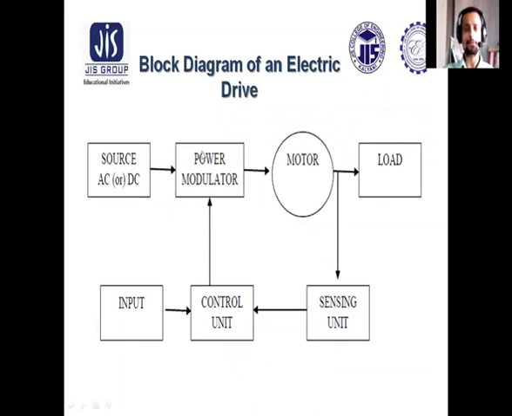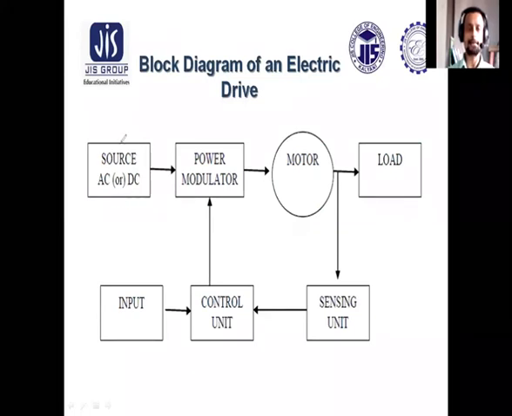This is the block diagram of an electric drive in which an AC or DC source is there, which is fed to a power modulator. The power modulator will run the motor. Motor will run the load or process, whatever it is.